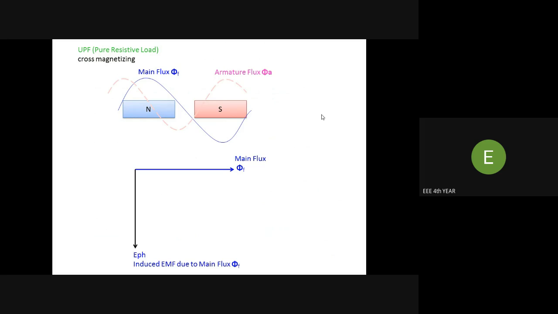Due to the field flux, we generate the induced EMF. Due to the induced EMF, the armature current flows through the armature winding, and this produces an armature flux. Here the armature flux is 90 degrees lagging with respect to the field flux. So that's why it is a cross magnetizing effect in a pure resistive load.